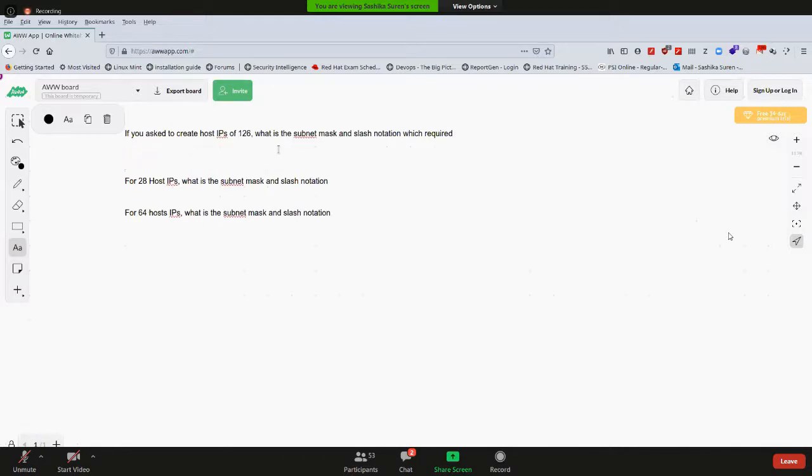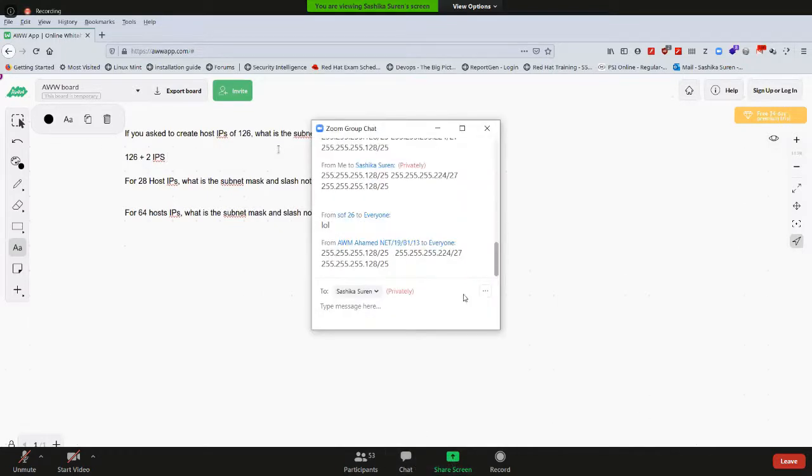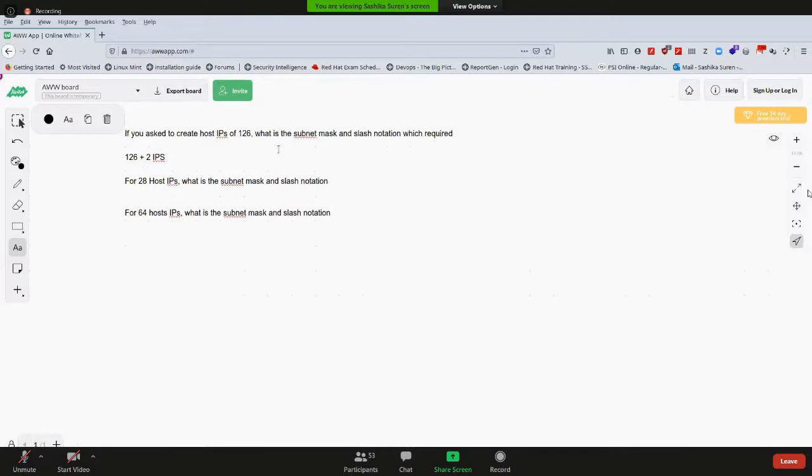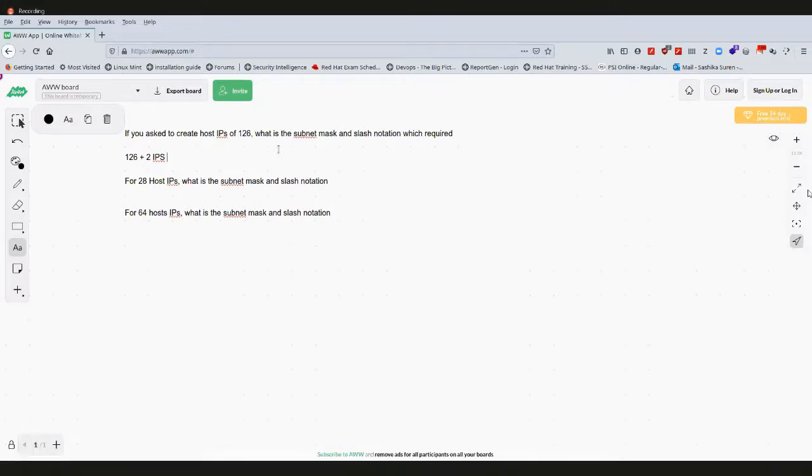If you need 126 host IPs, how many IPs do we actually need to assign? 126 plus 2 IPs, the extra are for the network IP and the broadcast IP. So that is going to be 128 IPs.